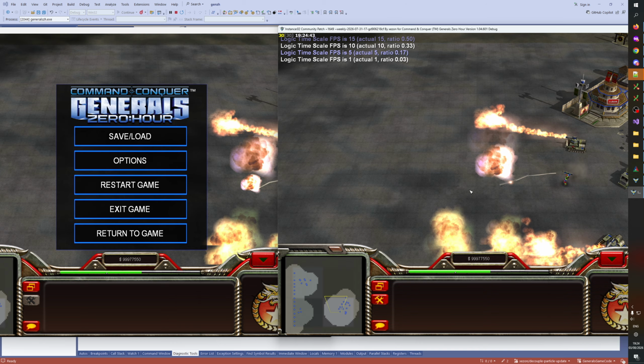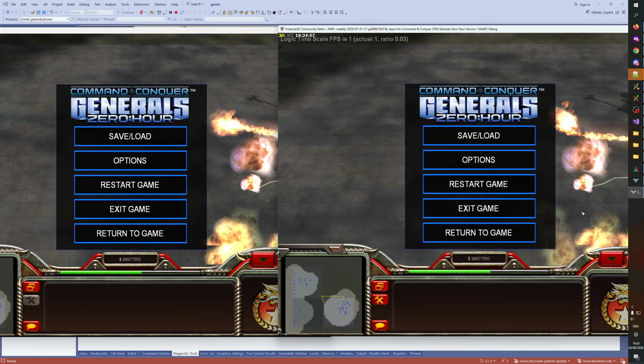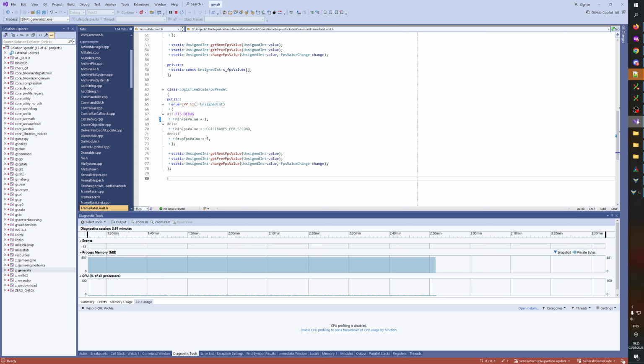Looks identical to me. So now the question is, why is this correct then?